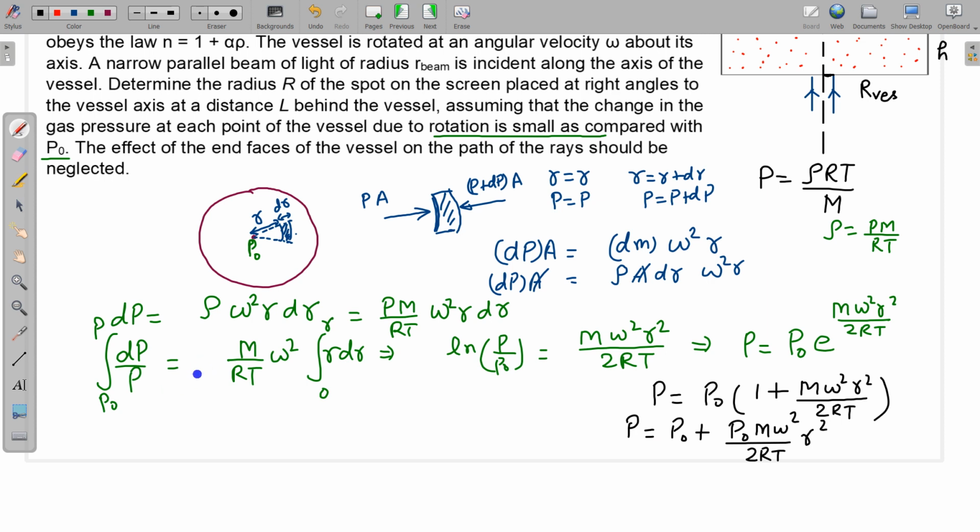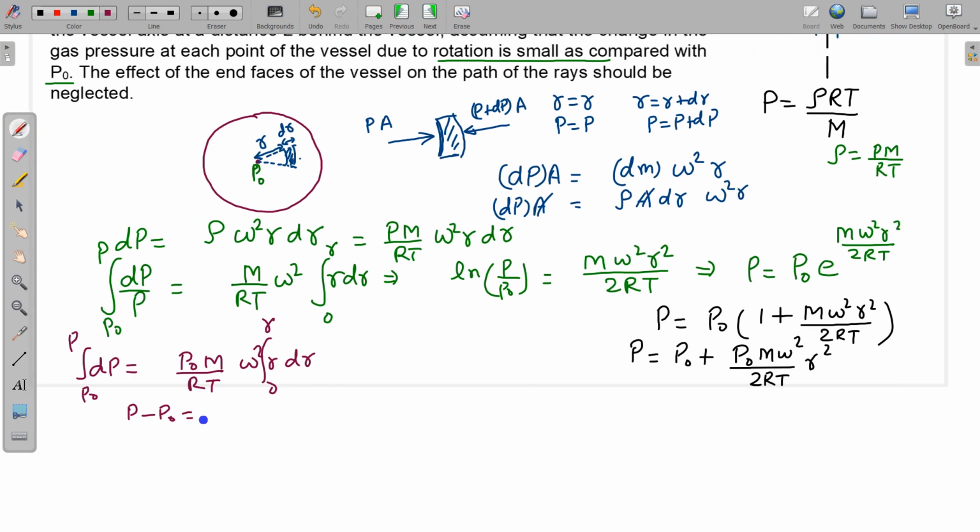The other way can be, in the expression that was forming, dp is equal to this, here we could just write P as P naught. So another way to solve this is that we can write dP, and this P is approximately P naught everywhere, as P naught M by RT omega square r dr. So just integrate this expression from P naught to P and from 0 to r, and here it is P minus P naught, and it will be P naught M omega square r square by 2RT.